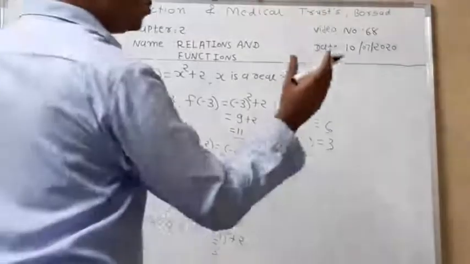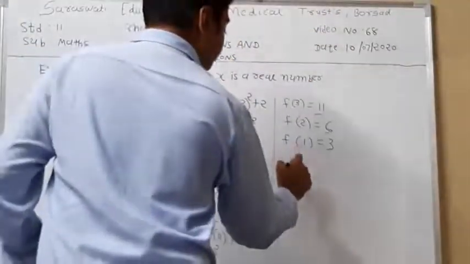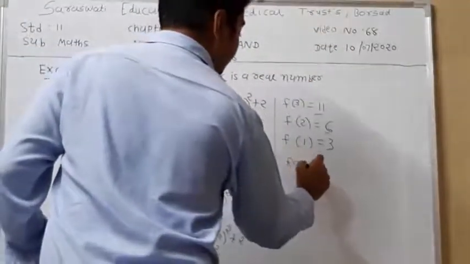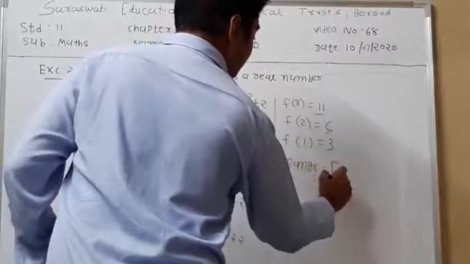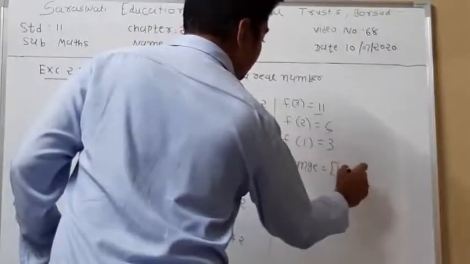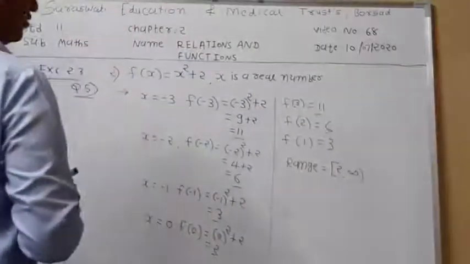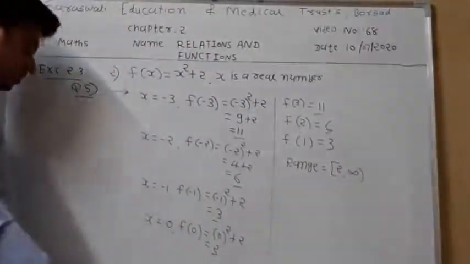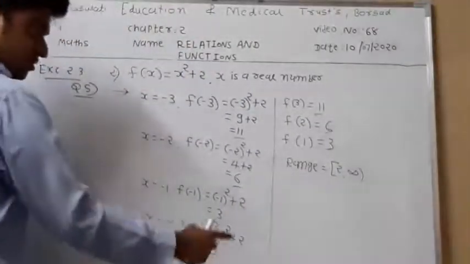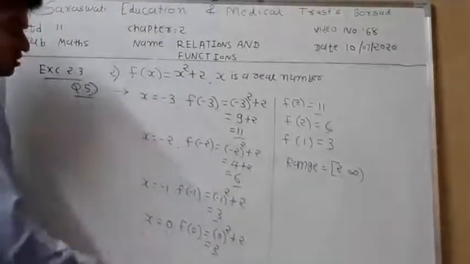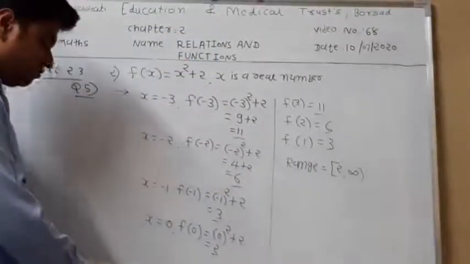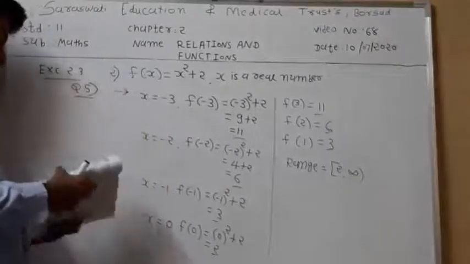So our range is going in the positive side. So we write range is equal to closed interval 2 to open interval infinity. Because 2 is present, we consider closed interval 2 to infinity. Next one.